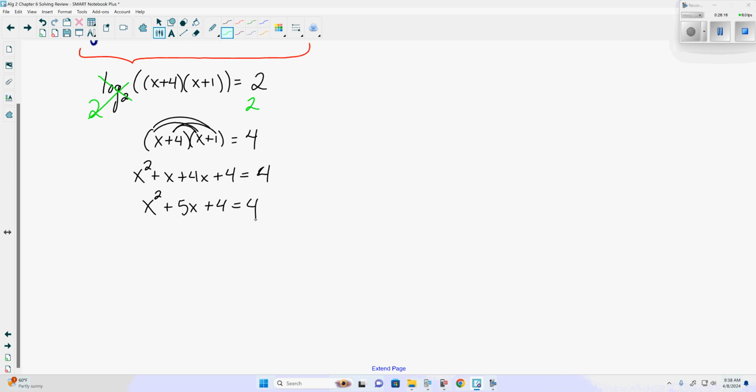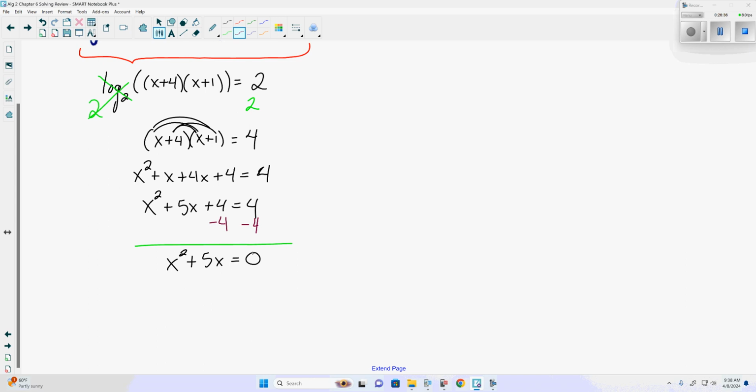Now we do have a quadratic, so we need to get this equal to 0, telling us x squared plus 5x is equal to 0. Questions on how we got to this point here?